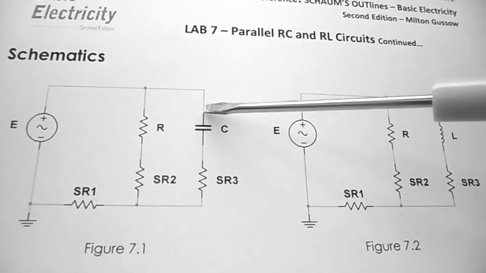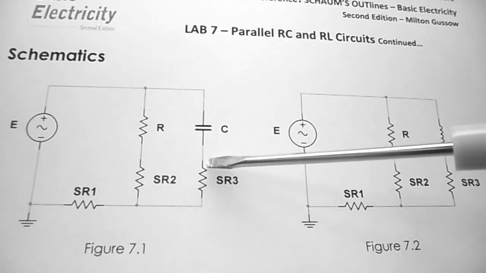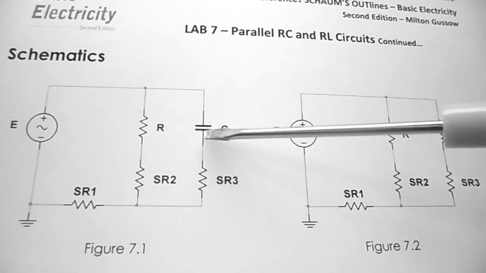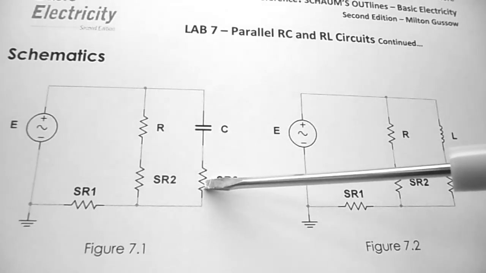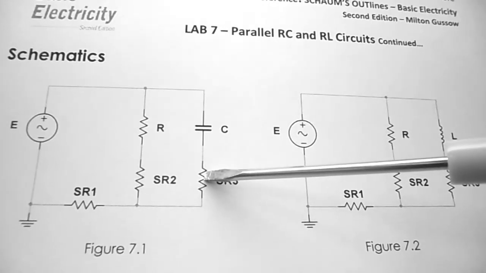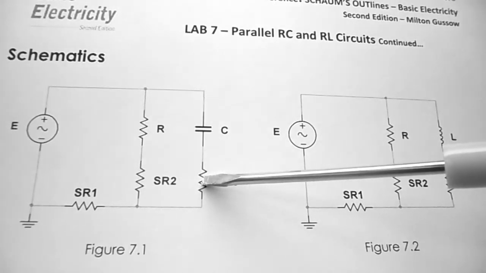So if we put 10 ohms in series with our capacitor, we'll be looking at the phase angle of the current going through the capacitor, and knowing that the voltage drop is across a 10 ohm resistor, we can do the math and come up with the current magnitude.